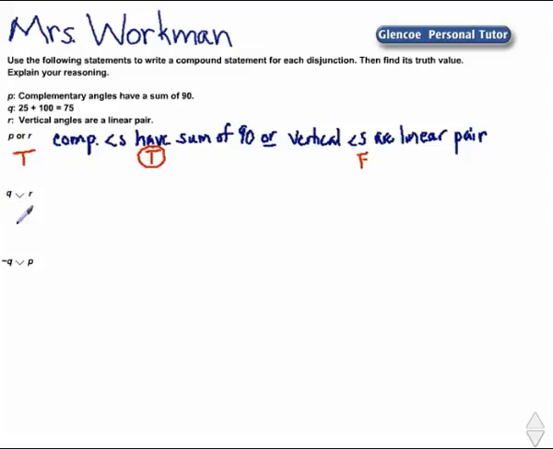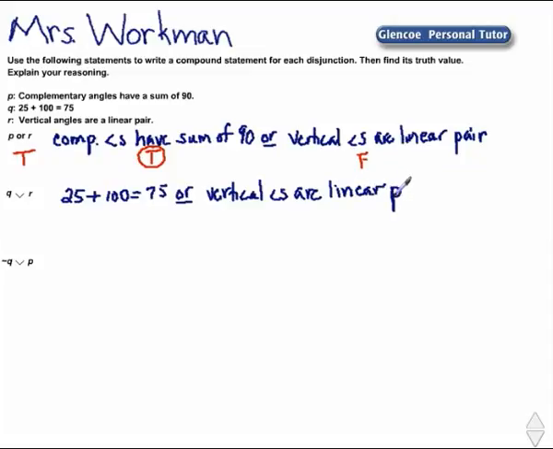And we read this Q or R. Q states that 25 plus 100 equals 75, or R, vertical angles are a linear pair. 25 plus 100 equals 75 is false.